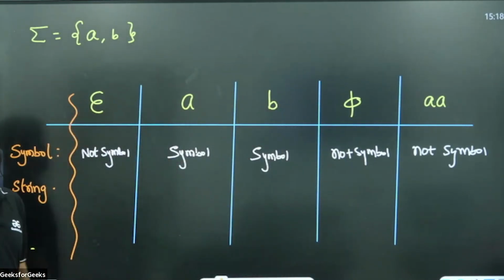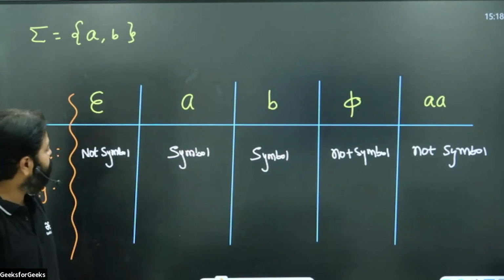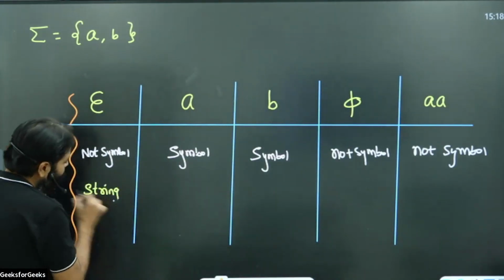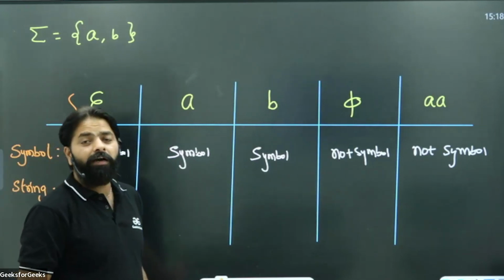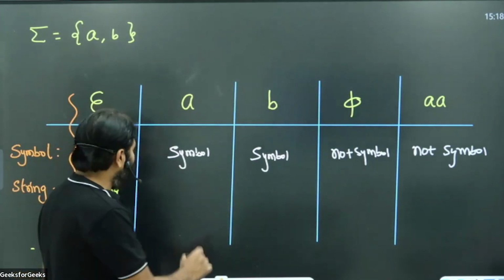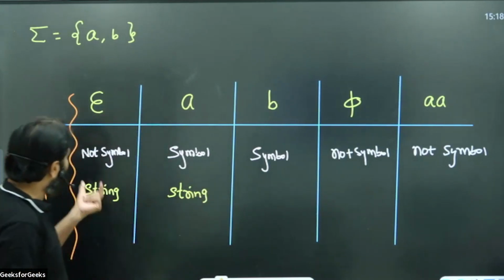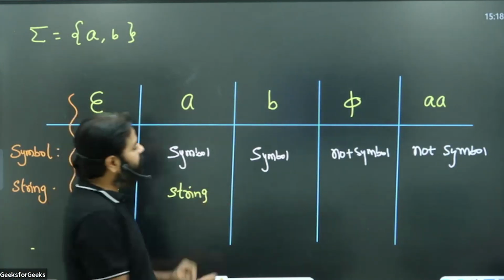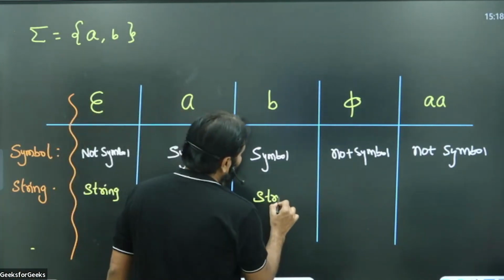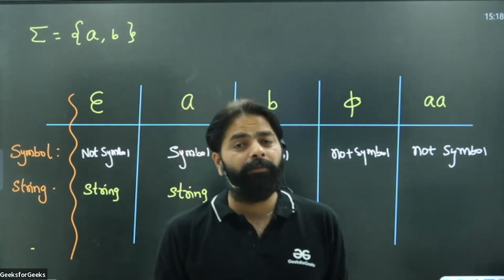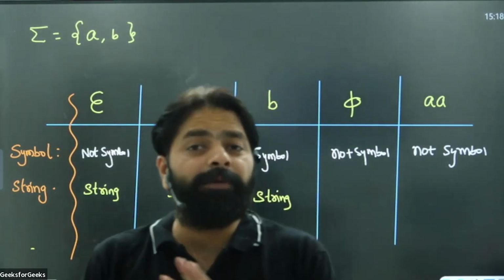Can I call epsilon a string? Yes, it's called the empty string. Can I call A a string? Yes, a one-length string. Epsilon is a zero-length string. B is also a string, a one-length string. But pi is not a string. Remember, pi is never a string.